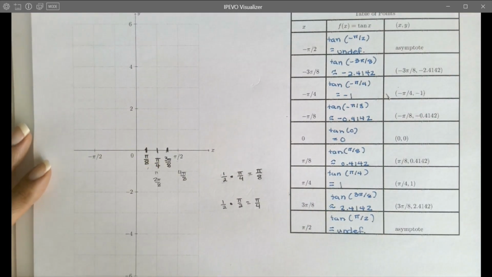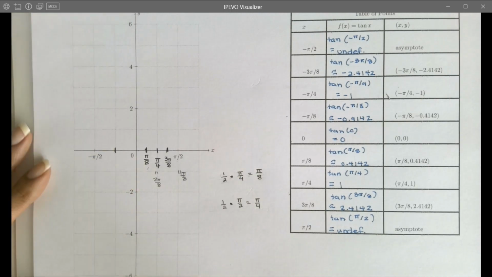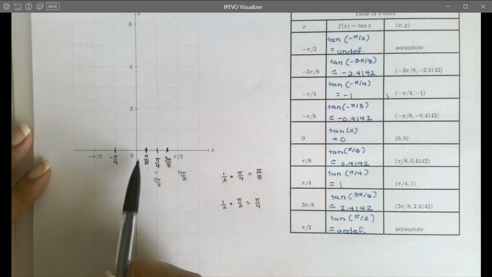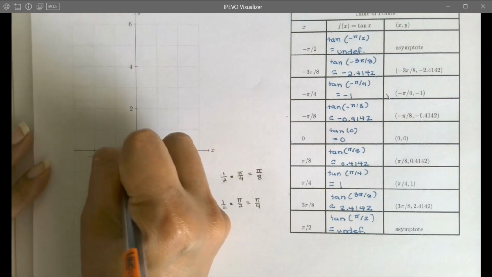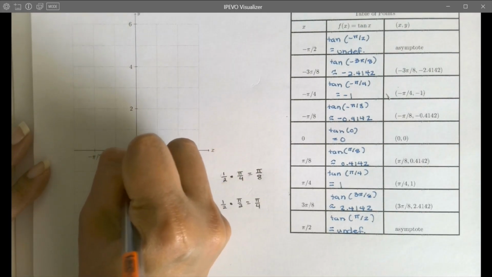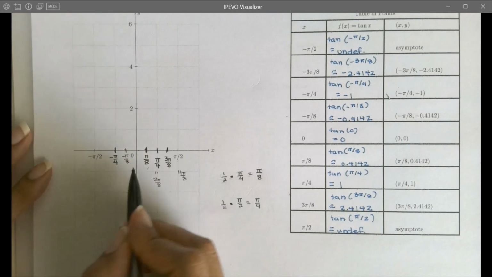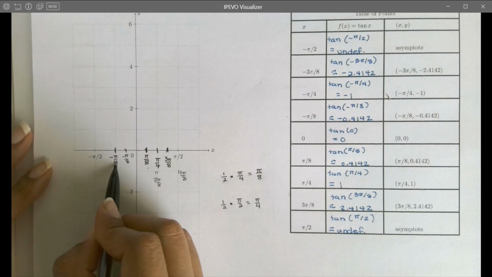Now if we go into the negative direction, halfway between 0 and negative pi over 2 would be negative pi over 4. And then halfway between 0 and negative pi over 4, we would get negative pi over 8. So again, it's just a matter of counting. This is negative 1 pi over 8, negative 2 pi over 8.